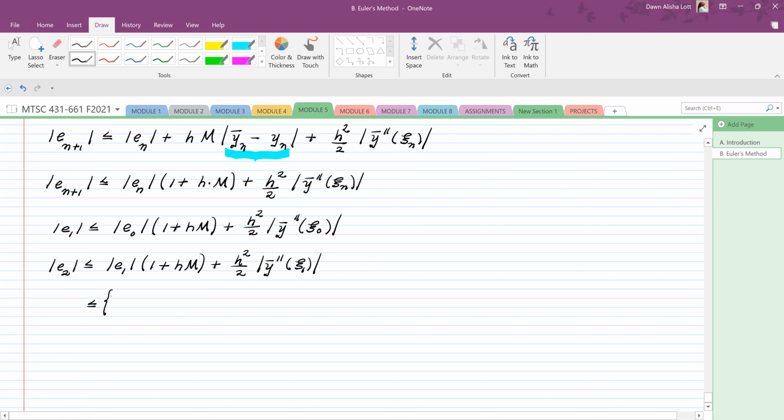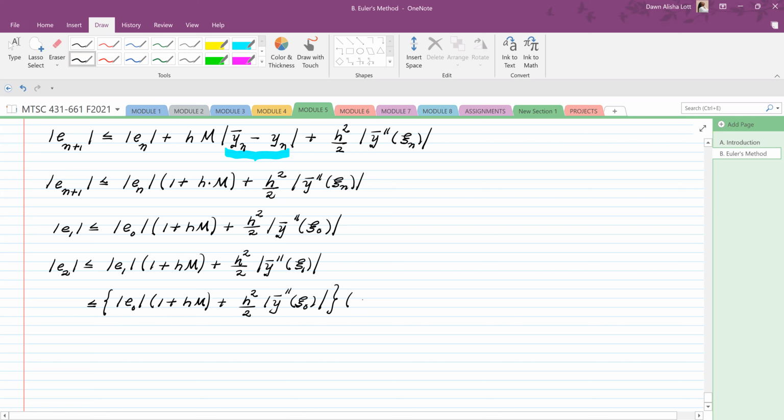in brackets, the absolute value of E naught, because E1 is less than all of that. So that's E naught times 1 plus hM plus h squared over 2 the absolute value of y bar double prime at C naught. This part right here is just what E1 is less than or equal to.